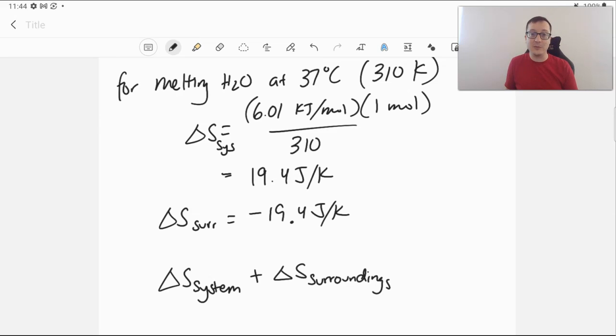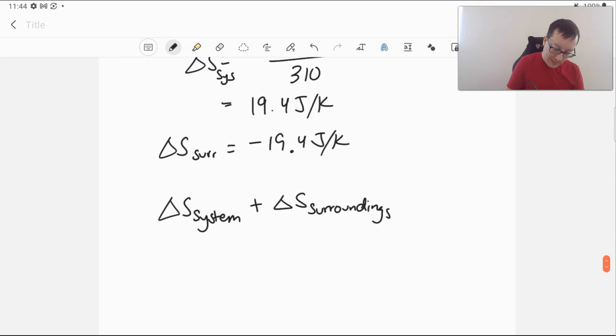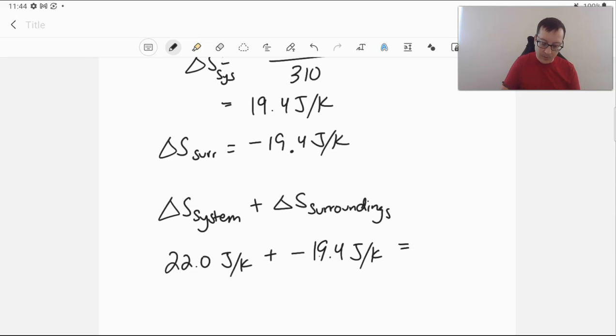If you have an ice cube on your hand, although your hand is a little bit less than 37 degrees Celsius, it'll melt spontaneously. And so we're going to see that if we add those together, we have the 22 joules per Kelvin plus negative 19.4 joules per Kelvin. We're going to get positive 2.6 joules per Kelvin.